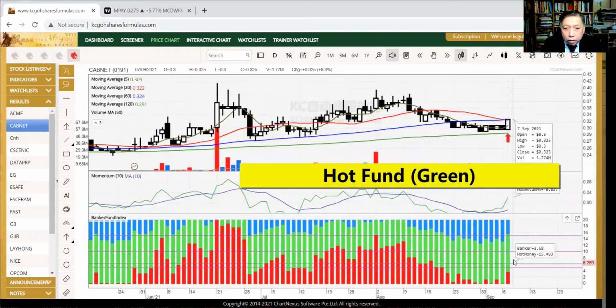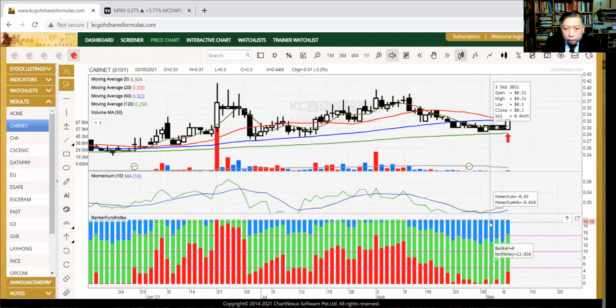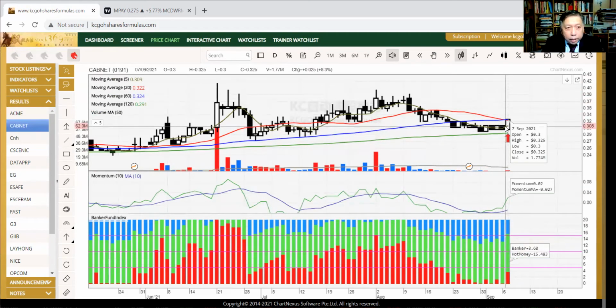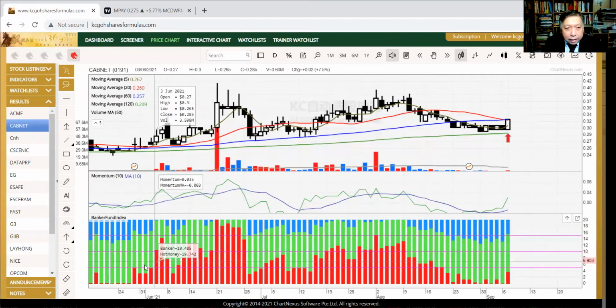The rest will be hot fund. So with the existence of the banker, I can foresee this stock is likely to move in the very near future, maybe tomorrow or the day after. So this is how we use this indicator.